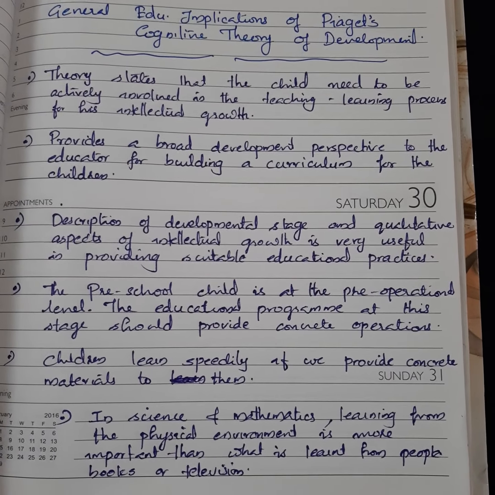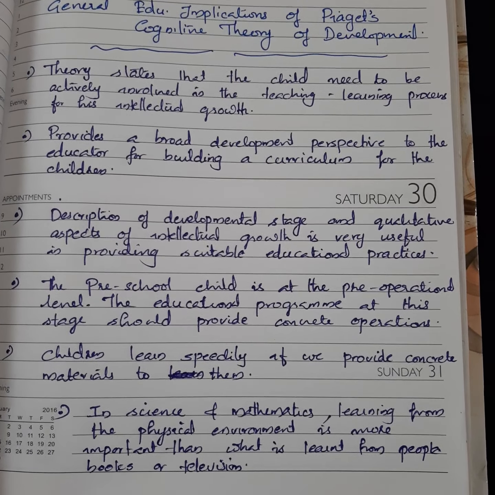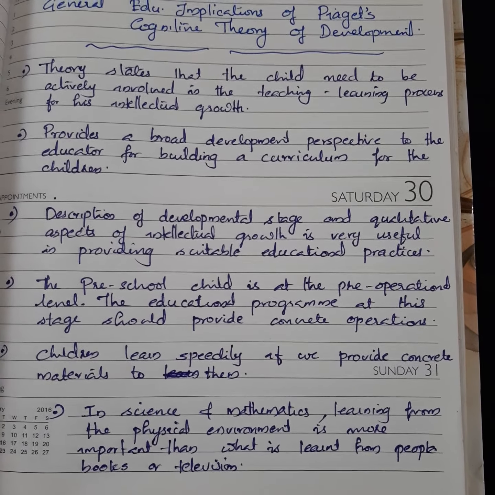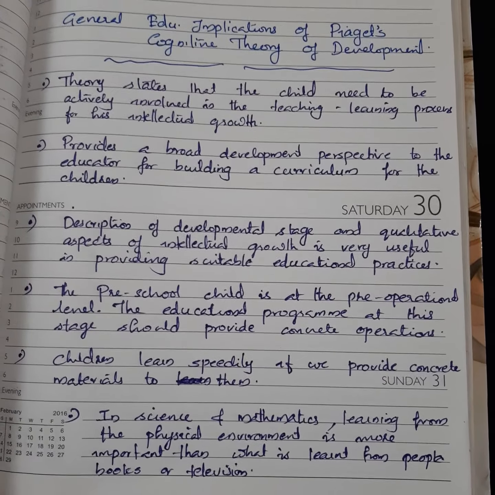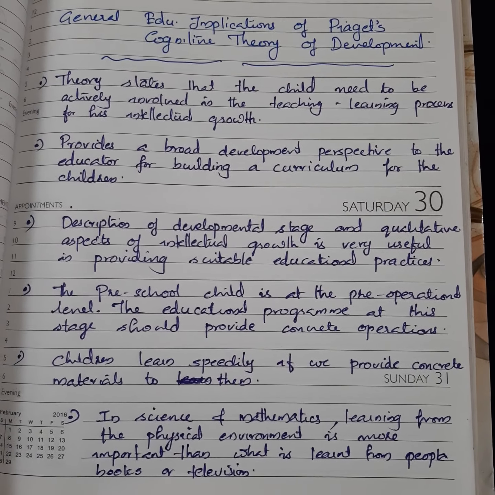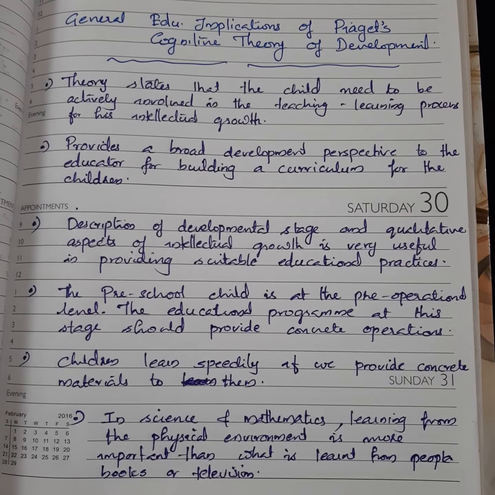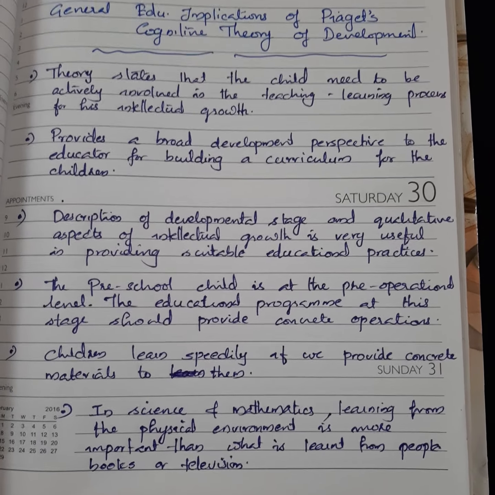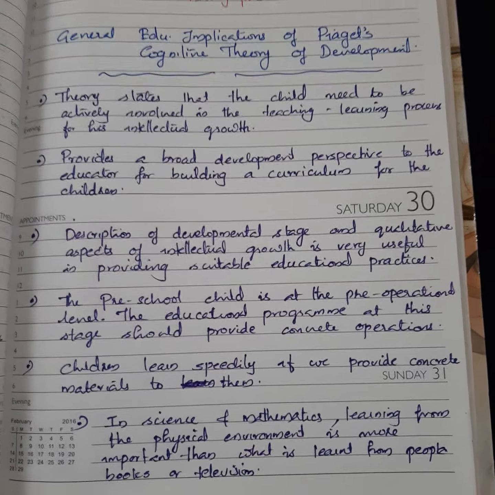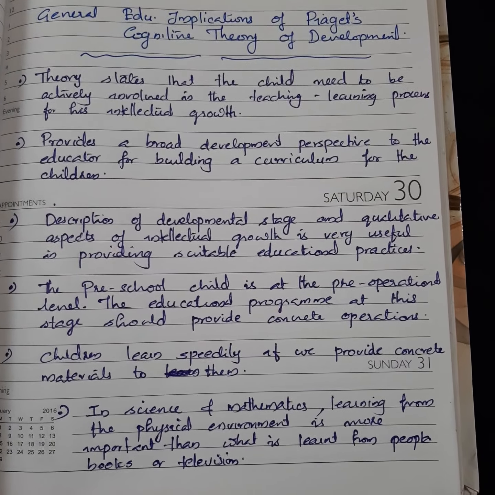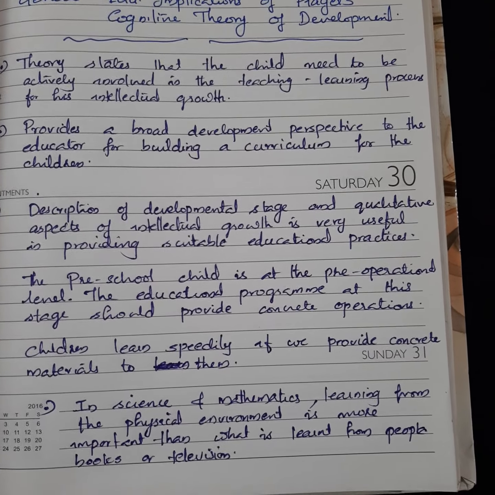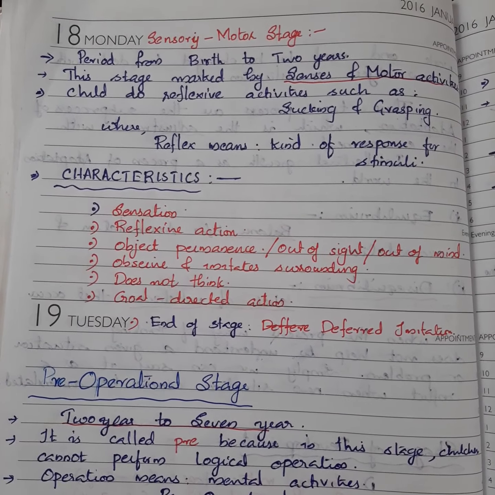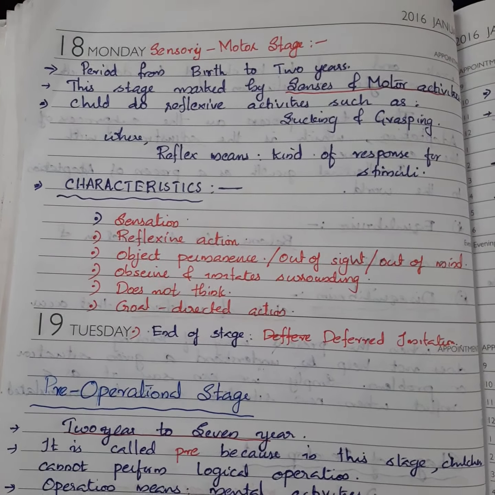So far we have discussed the key components of Piaget's theory, that are schema, assimilation and accommodation, equilibrium and disequilibrium, and stages of development. Let's recall the characteristics of each stage. First, the characteristics of the sensorimotor stage.